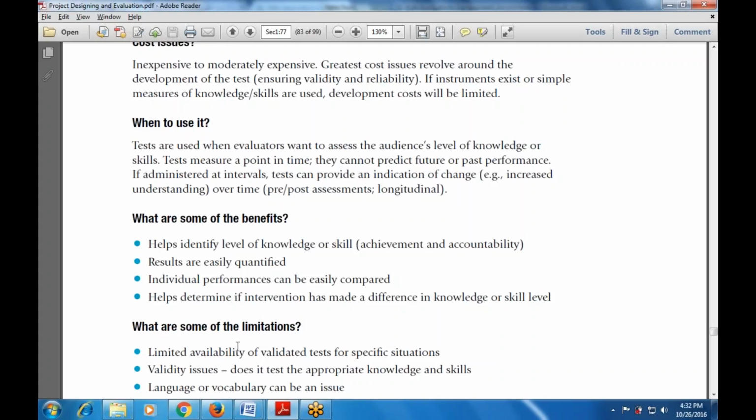Then it helps determine if an intervention has made a difference in the knowledge or skill level. What is the intervention that made a difference in the knowledge or skill level?